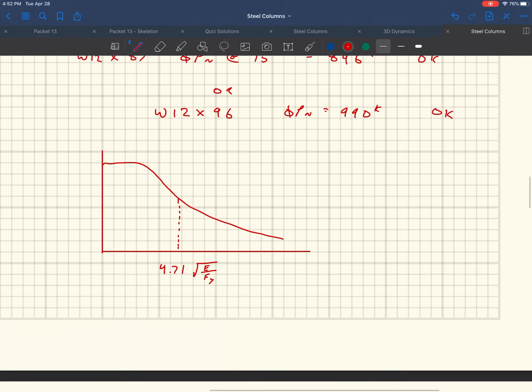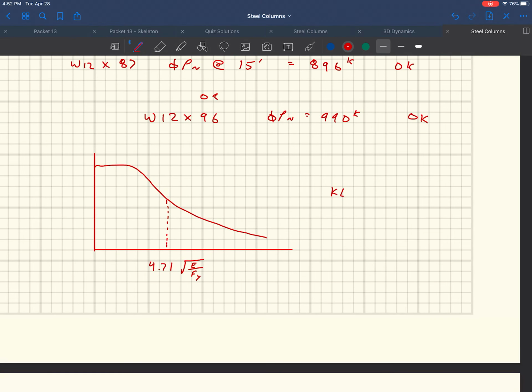Okay, what I need to do is calculate what KL over r is, and check if it's less than or equal to 4.71 square root of E over Fy. Okay, that's what you do. In this particular case, you would check it in the x direction.